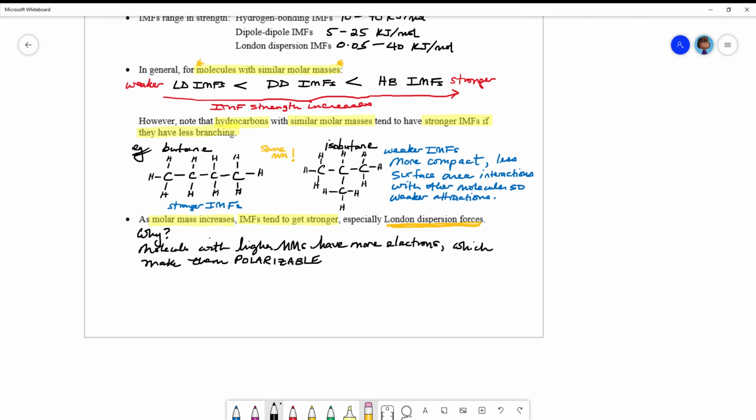And that's because the probability of more electrons shifting into non-symmetric distributions is higher than the probability of fewer electrons shifting into a non-symmetric distribution. So this means that it's now going to be easier for our molecules to obtain an instantaneous dipole. And if that's the case, well, the IMFs will definitely end up getting stronger.